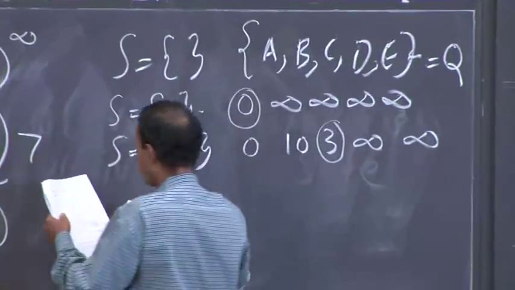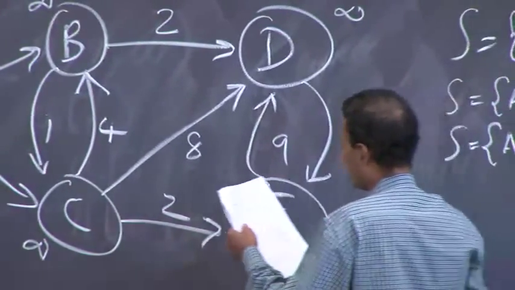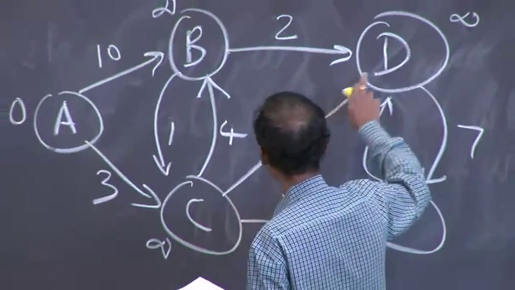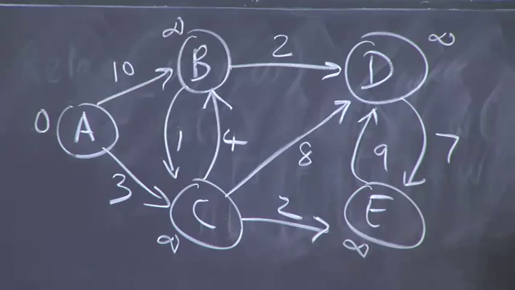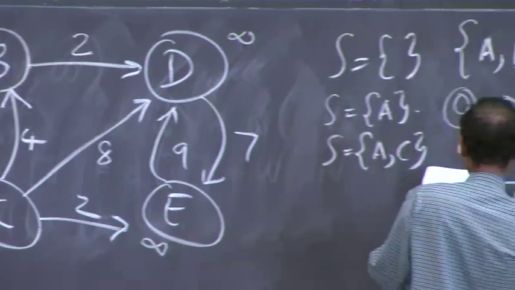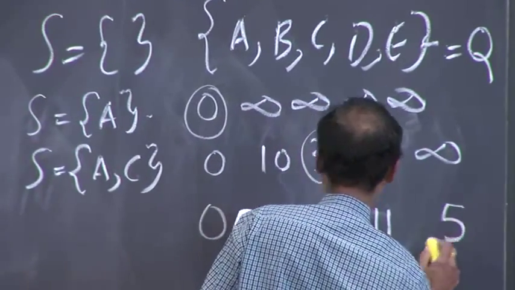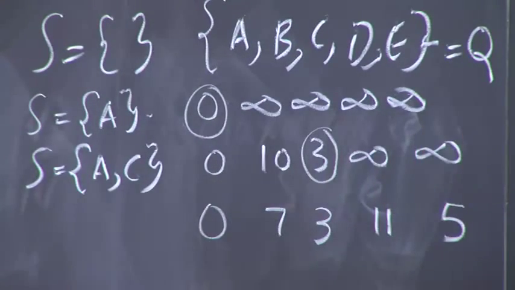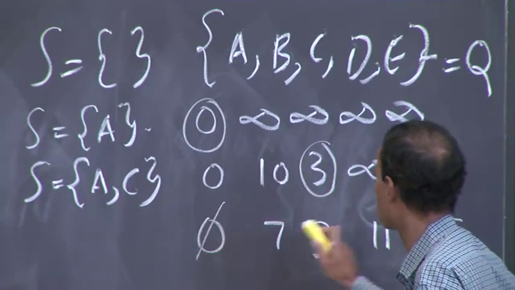And one last one. Once you process C, you're going to end up processing this edge going out here, that edge going out there, this edge going out this way. You're going to end up with 0, 7, 3, 11, 5. You've processed a bunch of edges coming out of C. At this point, 0 is gone and 3 is gone.